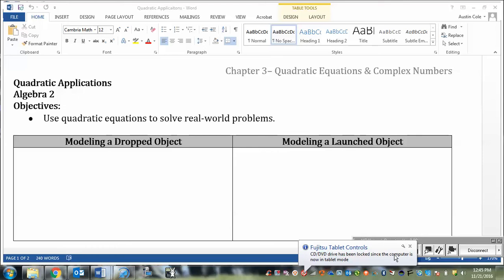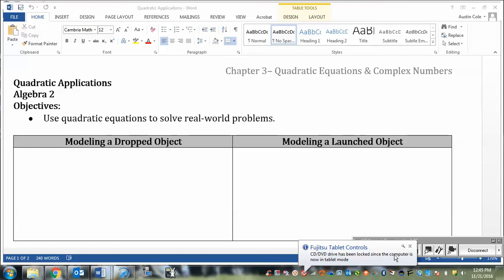So if I drop this pen, over a certain time, the height changes. Would you guys agree with me there? So after 1 second, it changes. After a half of a second, the height changes, okay? And that height can be modeled by using quadratic equations.